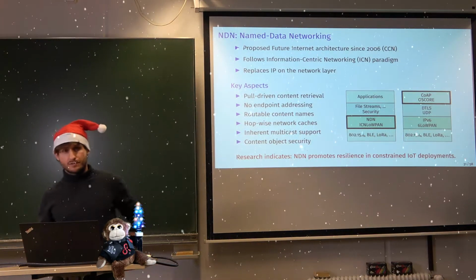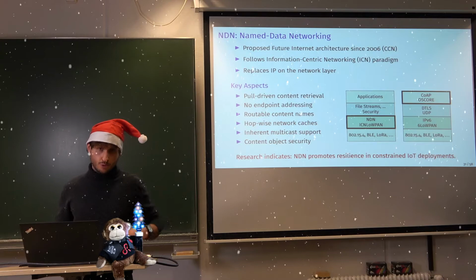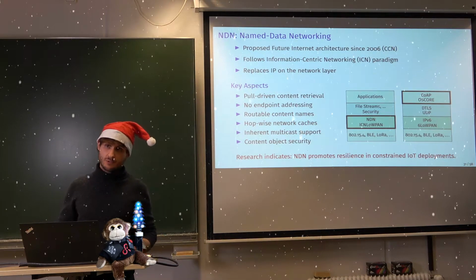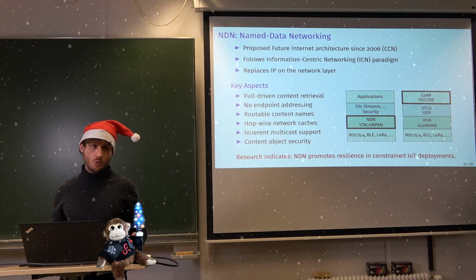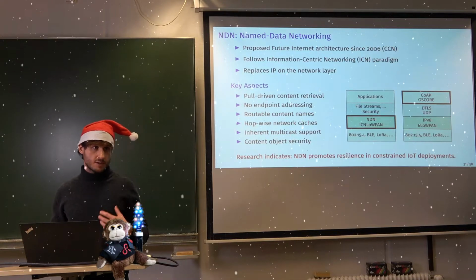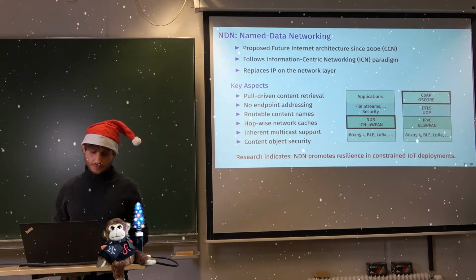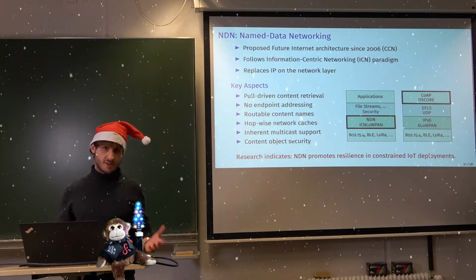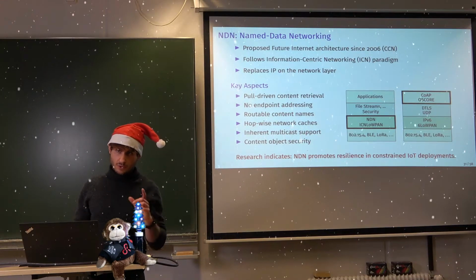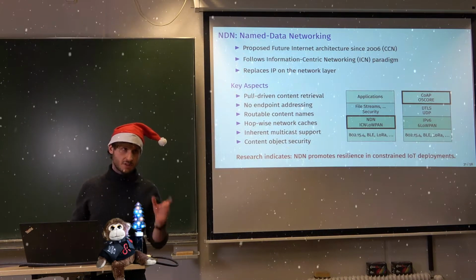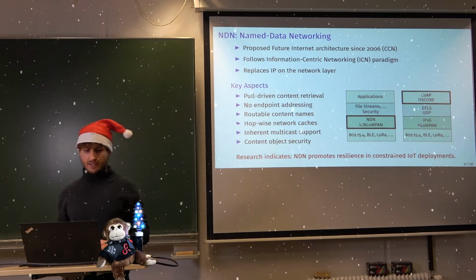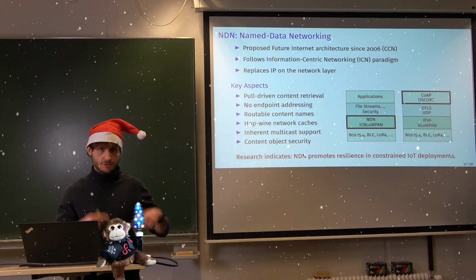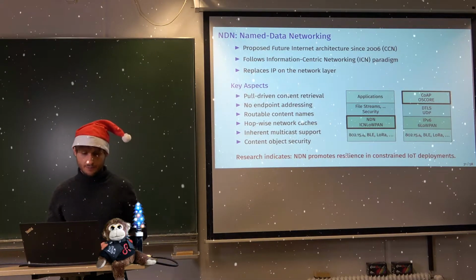The key aspects of NDN are that it's pull-driven. We have request messages and we have response messages. There's no way of pushing unsolicited data. There are no endpoint addresses. So not the hosts are addressed, but the content is addressed. And we have routable content names. In the forwarding information base, we use content names.